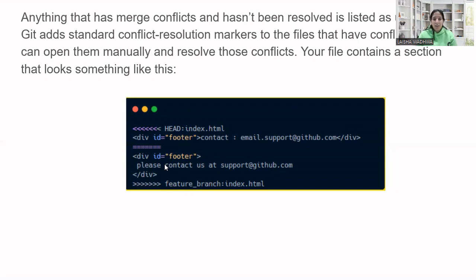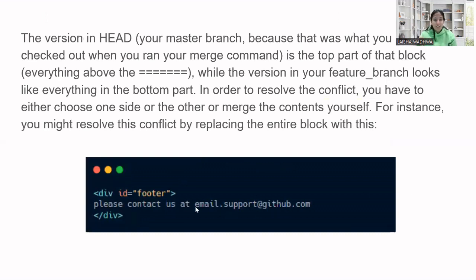So I decided that what I'm going to do is I'm simply going to update my file with these changes. I'm going to just add this contact part in the next line in order to resolve the conflict. And I'm going to just replace the block, and I'm going to now update these changes and commit, like make a fresh commit to say that now the merge is ready to be done.